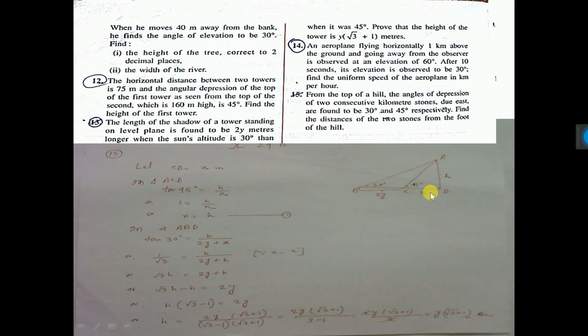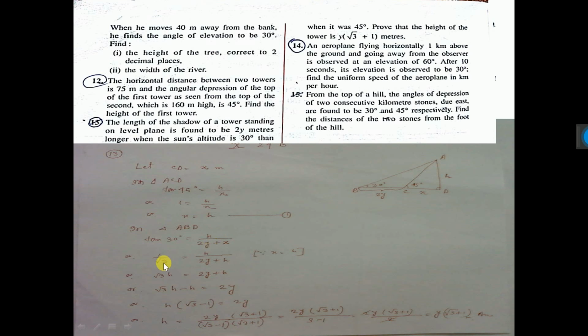Now if you take triangle ACD, then tan 45 equals perpendicular by base, that is h by x. So if you put tan 45 degree value 1, then h equals x, give equation number 1. Now triangle ABD, tan 30 degrees equals perpendicular h by base 2y plus x, that is written here.